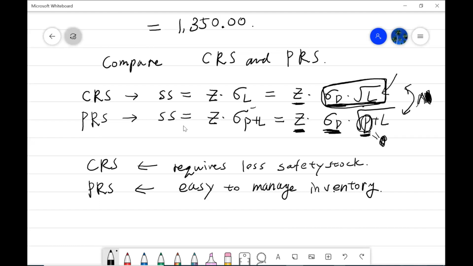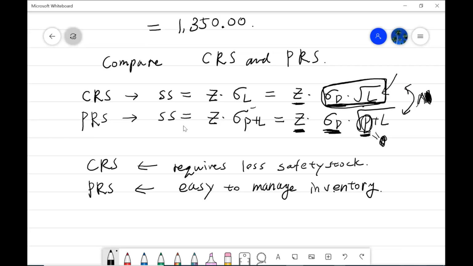As I said, in order to apply the continuous review system in your inventory management, you have to hire someone to keep watching your inventory as time goes on, or at least install some special equipment to measure the inventory continuously. But it's going to be very expensive.